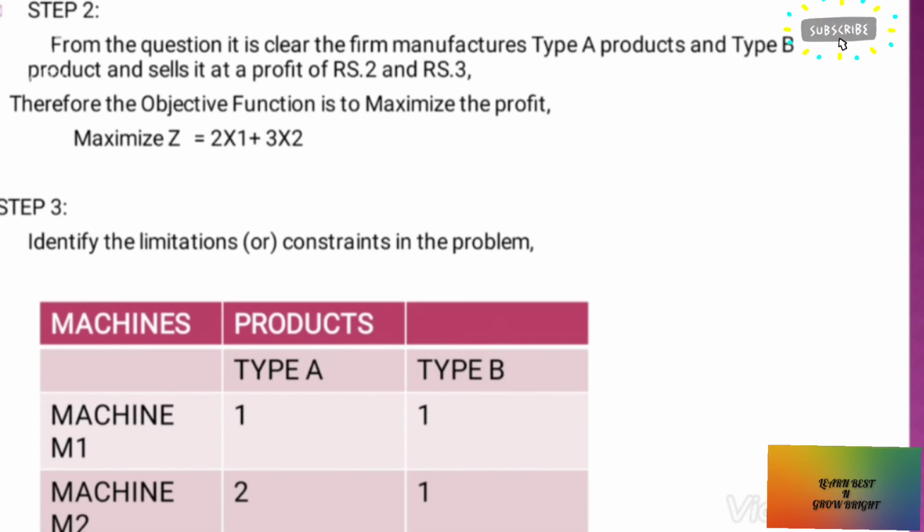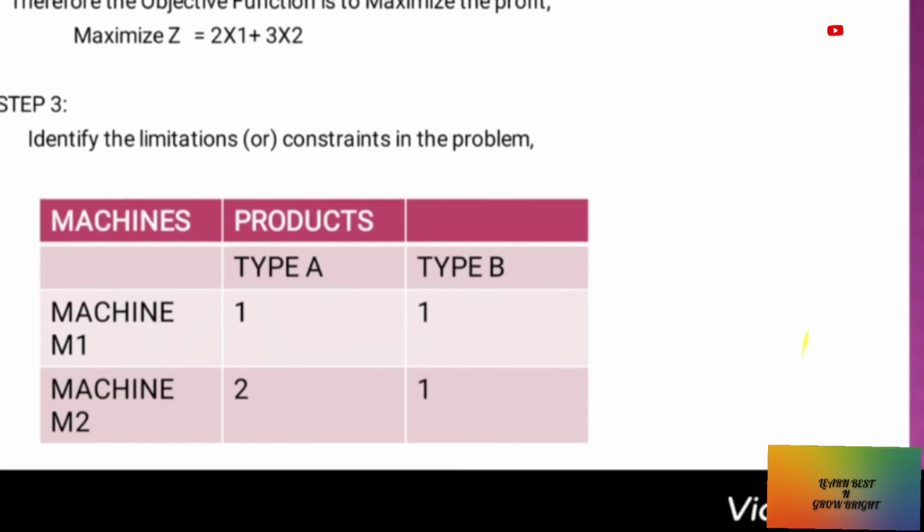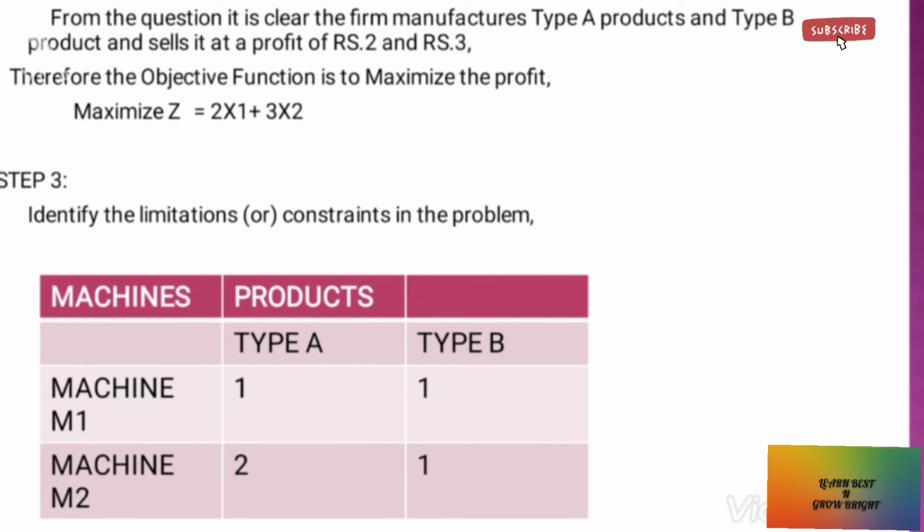The third step is to identify the limitations or constraints in the problem. From the question, we have identified the limiting factor as time. So in machine M1, to produce a type A product, the processing time taken is 1 minute, and in machine M1, to produce a type B product, the processing time is 1 minute.